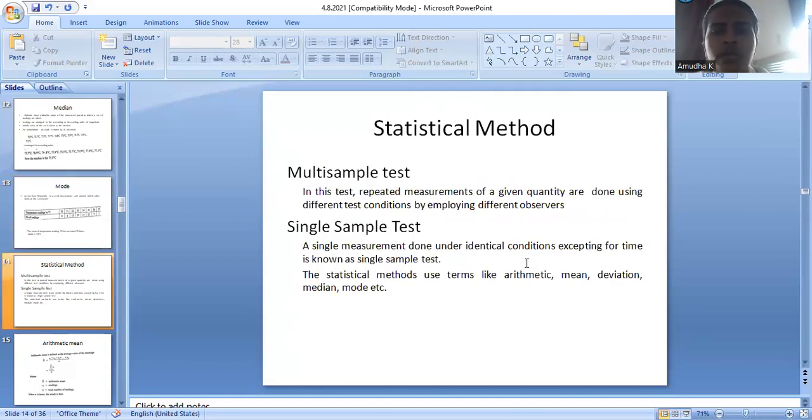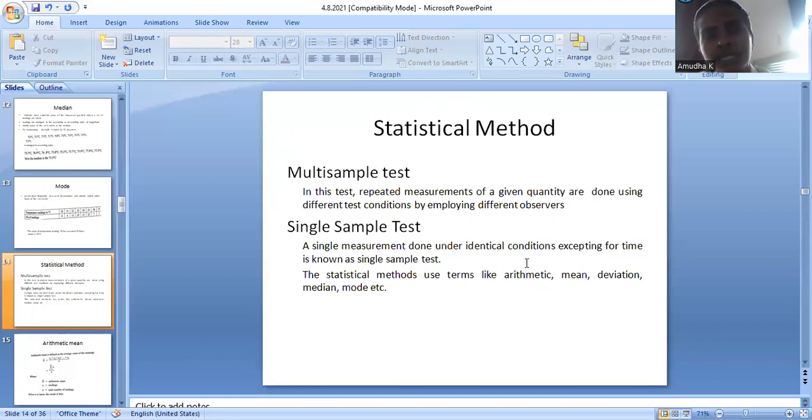Okay, next one, error analysis. One kind of method is the statistical method. It is used to analyze the error while measuring time. This statistical method has two types: one is the multi-sample test and another is the single sample test. In the multi-sample test, repeated measurements of a given quantity are done using different test conditions by employing different observers.